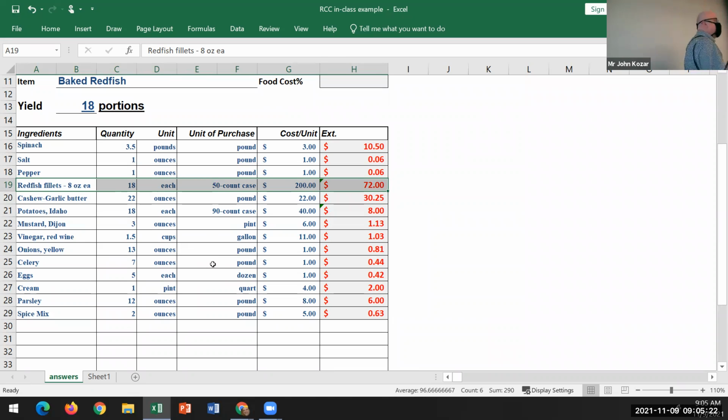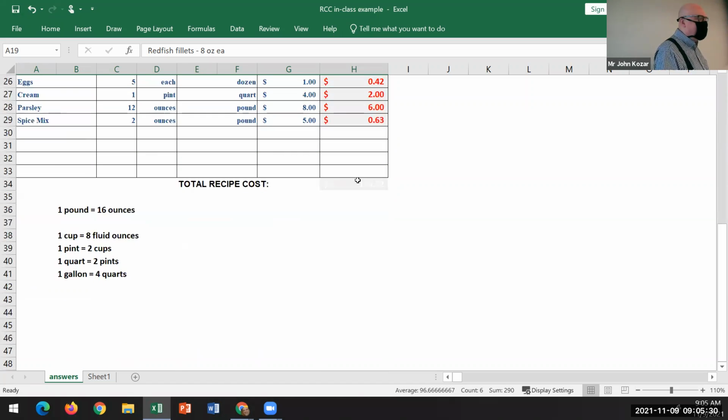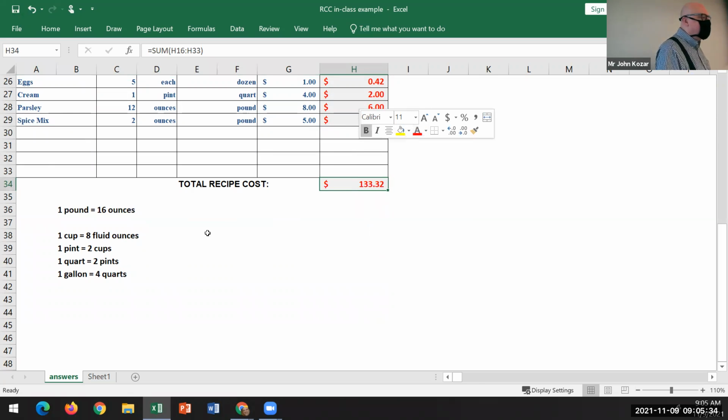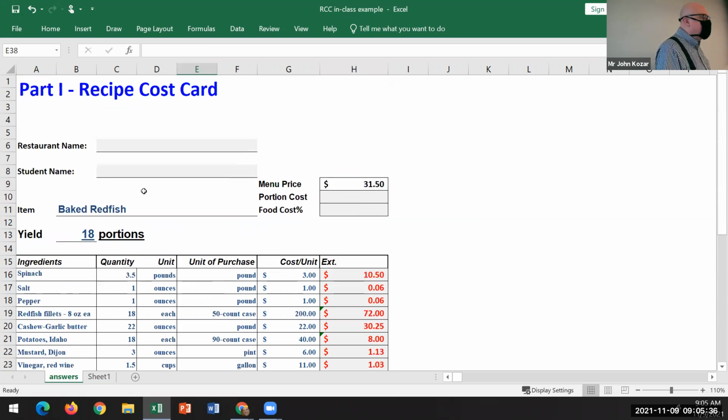Anybody see any other things on there that you would have a question about? Because you'll still get the total here. Then we'll do the same thing that we did. We'll figure out how much an individual portion costs.